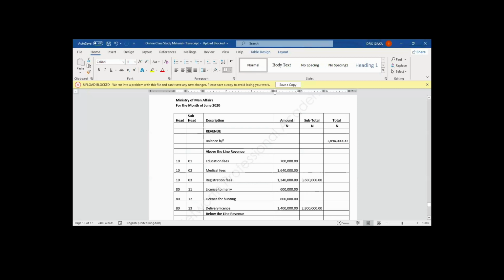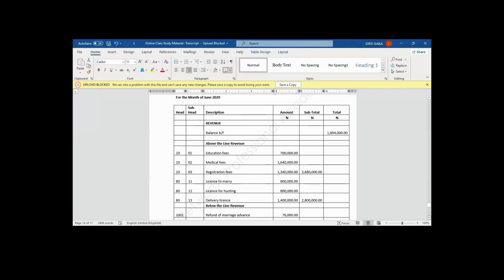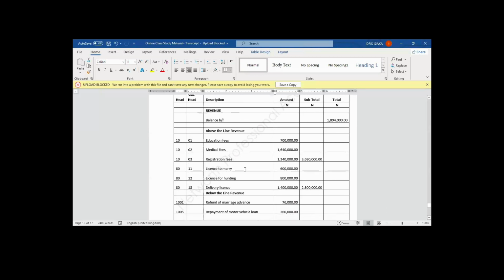You can see that I rearrange them, but in the question, the first of all state 80. When you are doing the solution, you can't start with 80. When you start with 80, you have missed it. You start with the lower head.